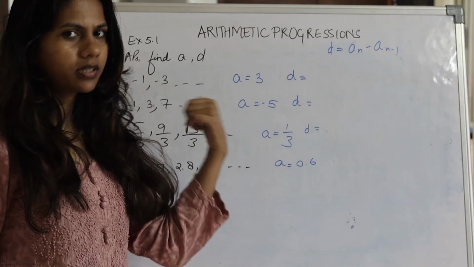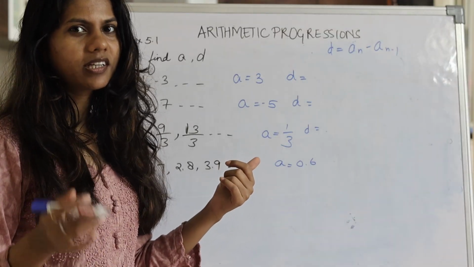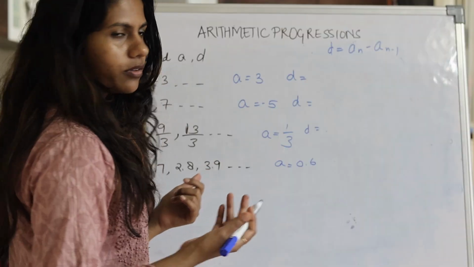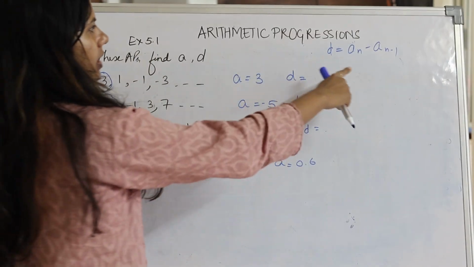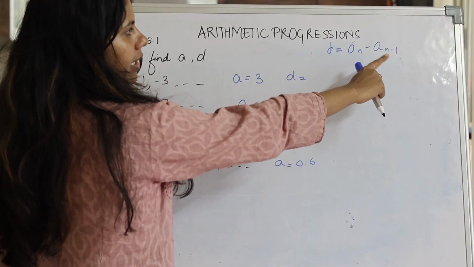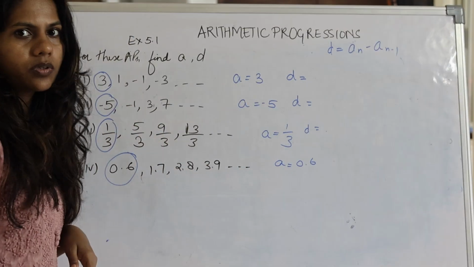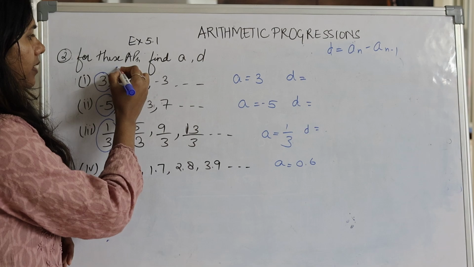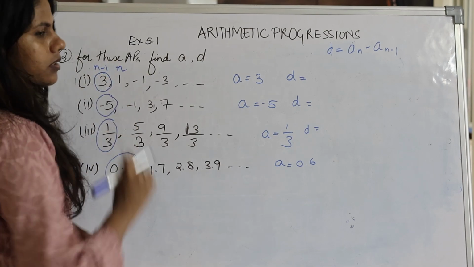Before I mention what the A's and D's are, you just calculate yours and keep it handy, and then later you can match it to see if you are right or wrong. Now to find D, we know that D is basically subtracting the n minus 1th term from the nth term. So here this is the nth term for us, and this will be the n minus 1th term.